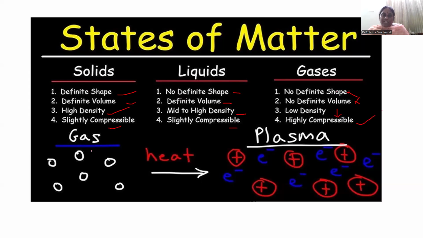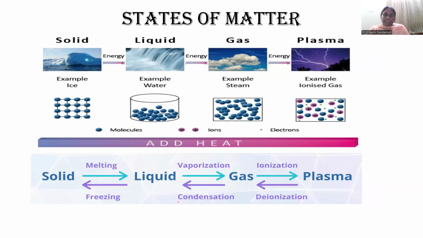When gas molecules are heated strongly, we get plasma, positively charged ions and electrons. This is called plasma. The best example is ionized gas.